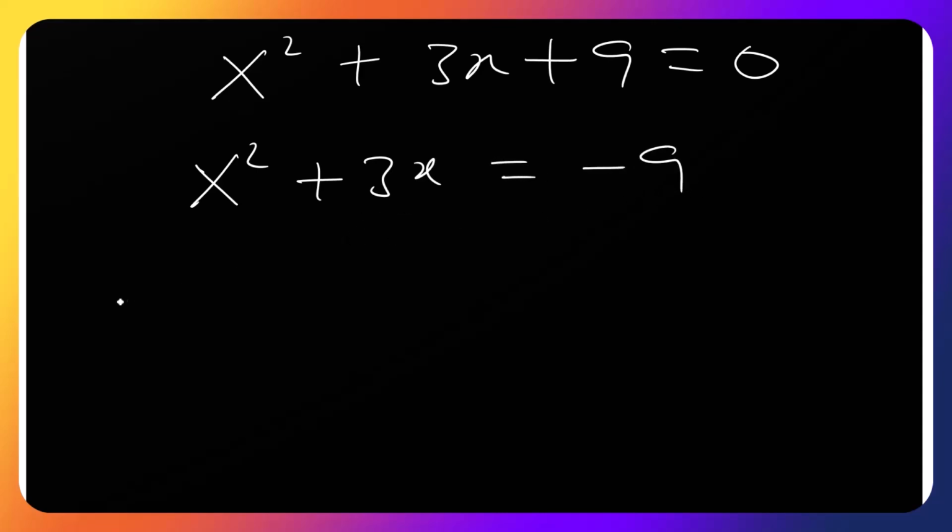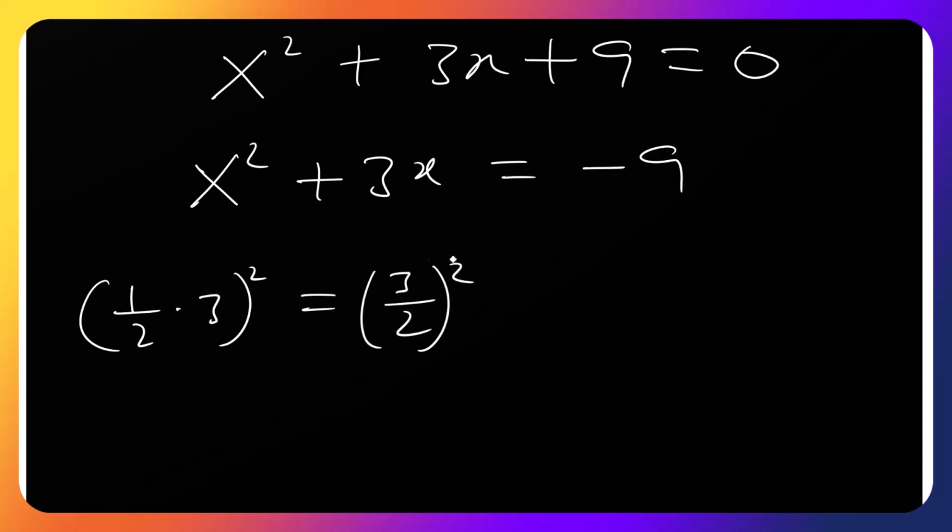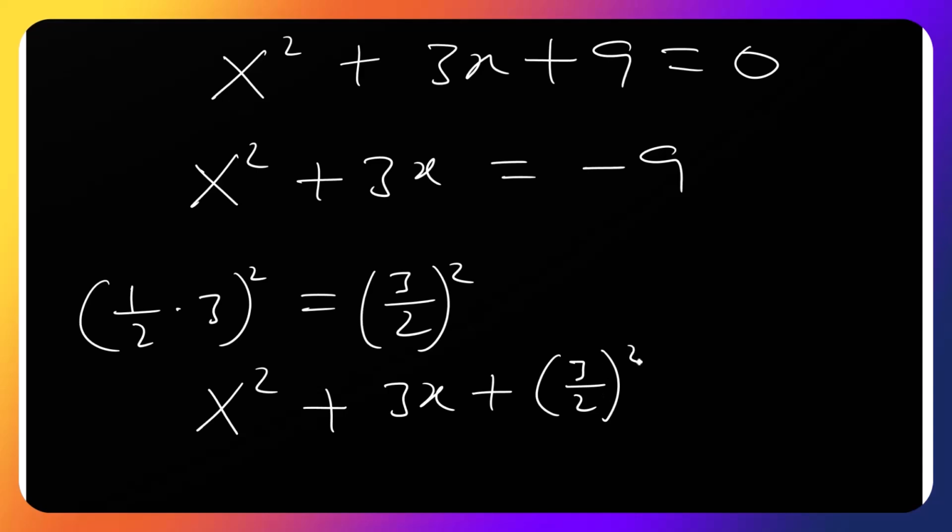So let's take half of the coefficient of x all squared. That will be 3 on 2 all squared. So you add the result to both sides of the equation. x squared plus 3x plus 3 on 2 all squared equals 3 on 2 all squared minus 9.